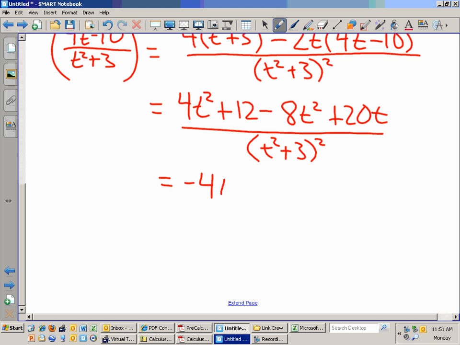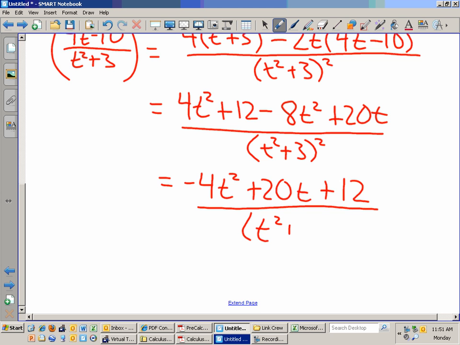Negative 4t squared plus 20t plus 12 divided by t squared plus 3 quantity squared. Okay, so that's really my derivative. That's something that I can make use of.